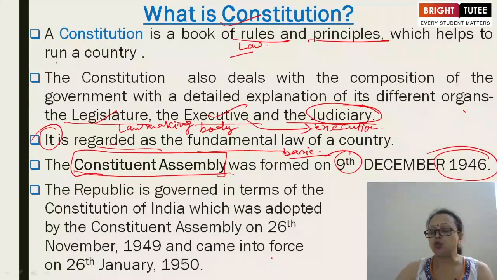There were 299 members who were elected by the people indirectly. Direct elections were not held. Indirect elections were held, and these members were elected to draft the constitution for our country.